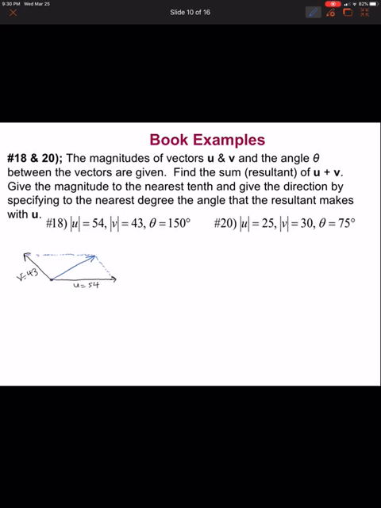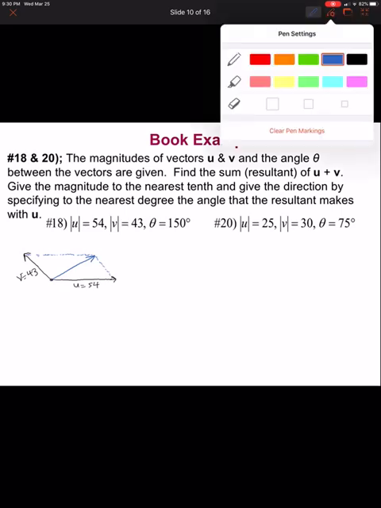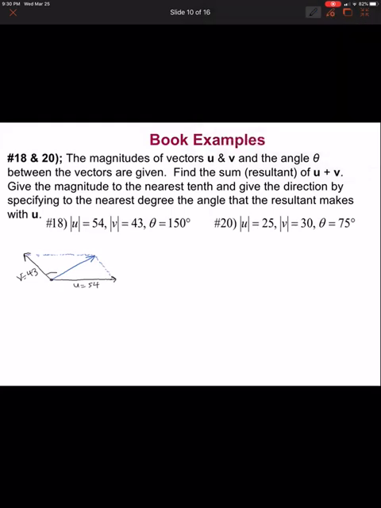Now, with that said, we need to make sure we label in what they gave us. Remember, it was a 150 degree angle right here. It says 150 degrees between vectors u and v. Now, I also know that based off geometry of a parallelogram, the angle opposite that is also 150 degrees. And we know in a quadrilateral, the four angles are always going to add up to 360 degrees.